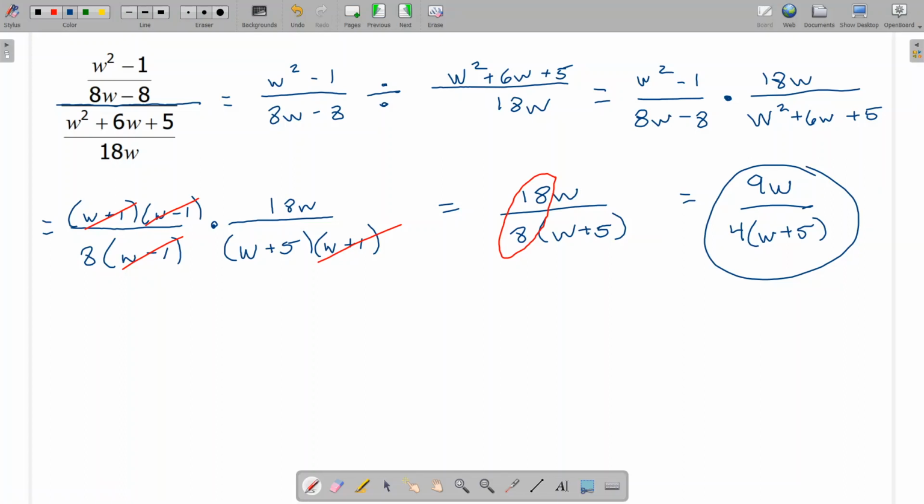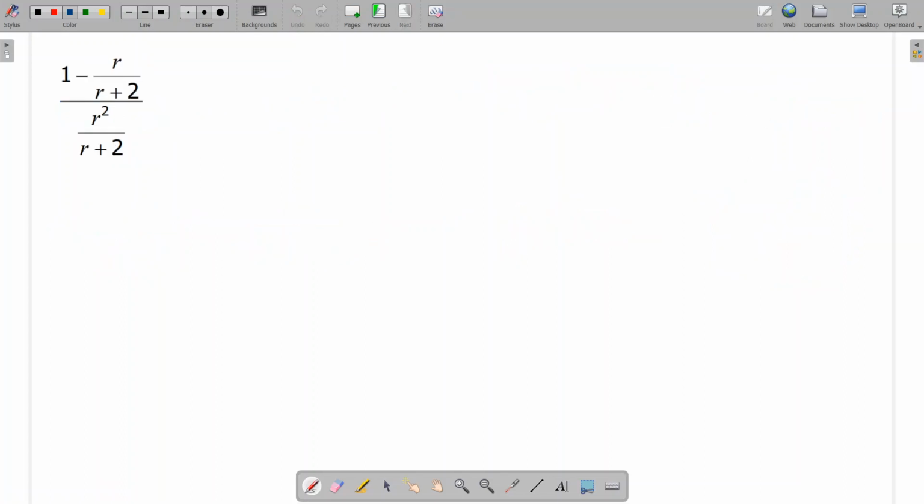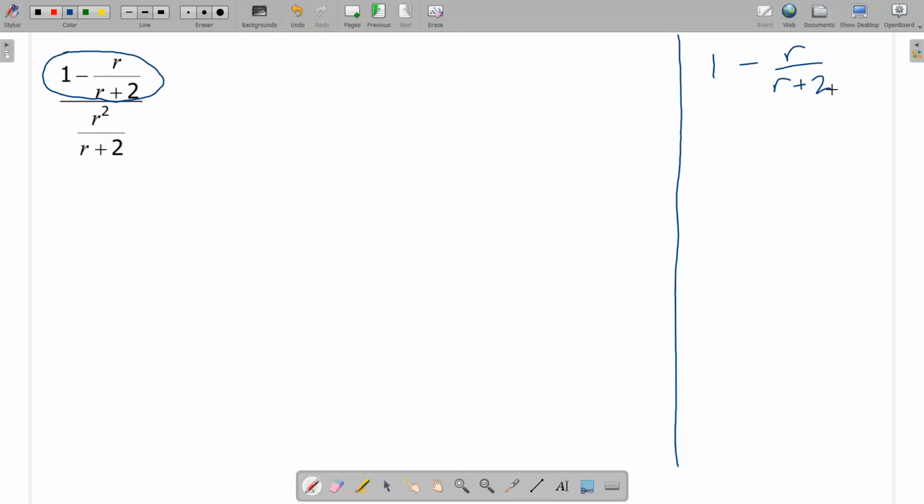So let's do one last one. And this is a case where the numerator of this fraction is not a single fraction. We need to combine that together to make a single fraction before we move on. So I'm just going to do that off to the side here. Now, it's really not that hard. Okay, I need a common denominator. Right now, the denominator here is a 1, and then over here it's an r plus 2.